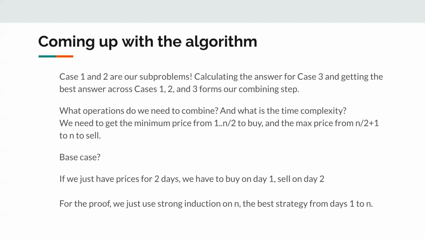But what we can think about here is our combining step seems a little bit inefficient, because when we're calculating case three, we realize that we're taking linear time, and let's think about whether we can do better. What we're doing for case three is getting the minimum price from the first half, and then the maximum price from the second half.